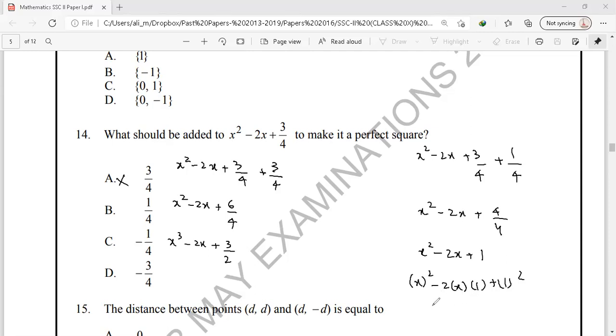If we check the middle term, this has become the perfect square, x minus 1 whole square. So this is the correct option, that if we add 1 over 4 to our given expression, we will get the perfect square. So for question number 14, the correct answer is option B.